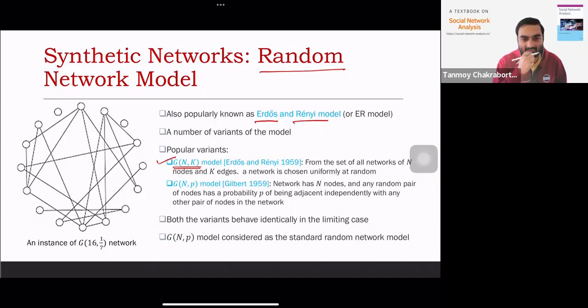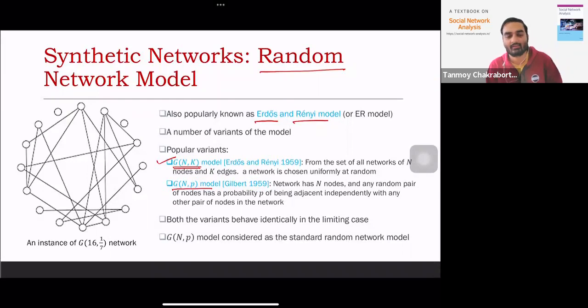So let's take n nodes, take k different pairs of nodes randomly and connect them. There is no principle. This is called the Erdős-Rényi random graph.